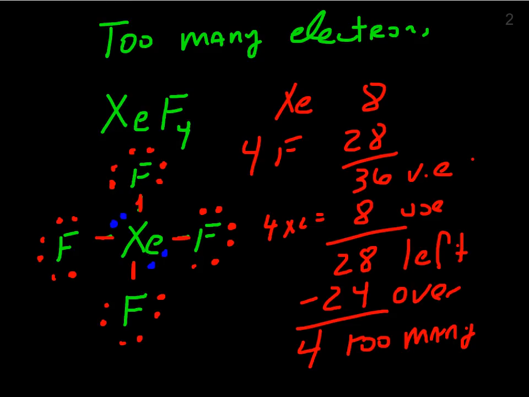And what that has done is it has made xenon now happy with 12 electrons around it. So it's called an expanded octet, and it happens sometimes with larger atoms because larger elements have enough protons to hold those electrons in the bonding form. So it happens once in a while, and that's what you do.